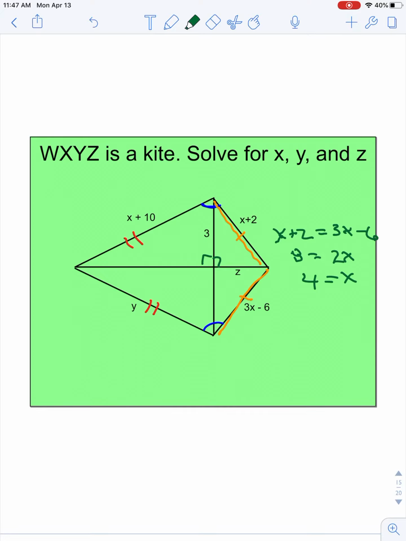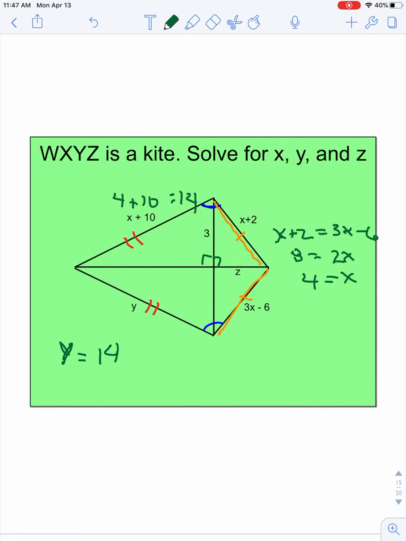So now let's work on solving for y. Well, we already found that x equals 4. So what we know is that this side is 14. So we know y then is equal to the same, and that is going to be 14.